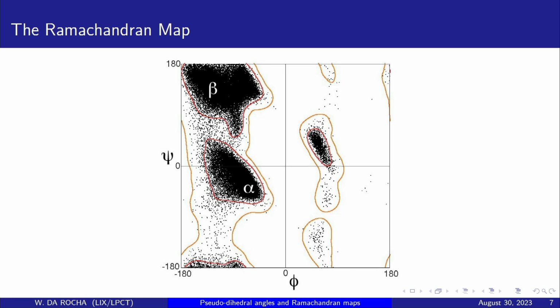One thing we can see is that this is a flat representation, but the dihedral angles vary from minus 180 to 180, so in some sense it should be a kind of torus. But in this representation, we are getting it planar, and then we can see a kind of discontinuity in the region that defines the beta strands here.